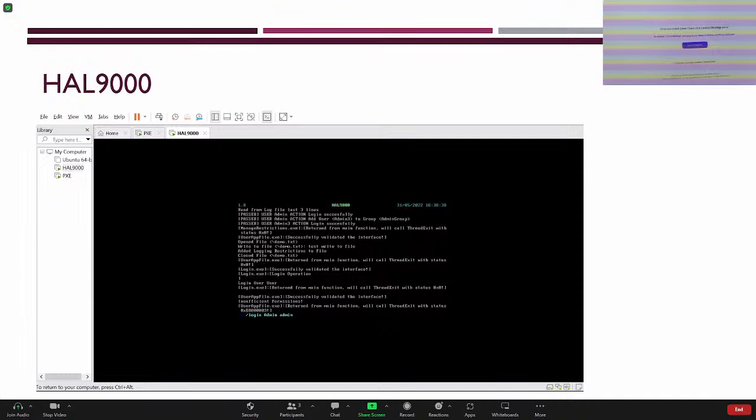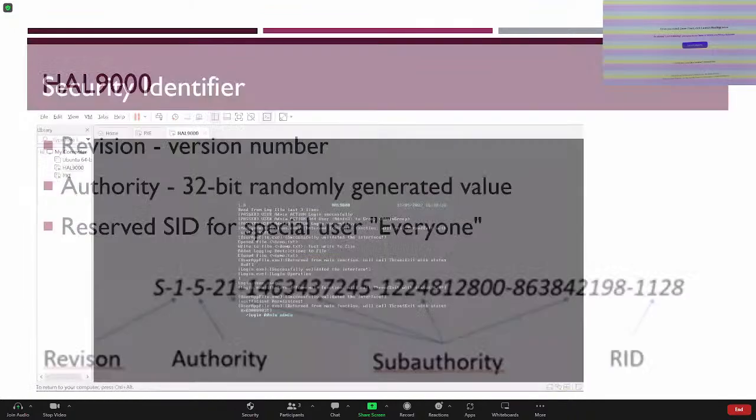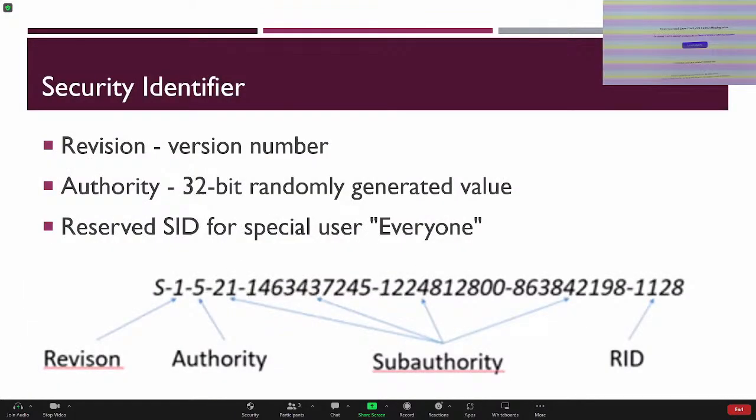It works in a virtual machine, as you can see, specifically in VMware Workstation, and users can interact with it using the command line interface. So first, for the authentication part, we have the security identifier, which uniquely identifies users and groups.